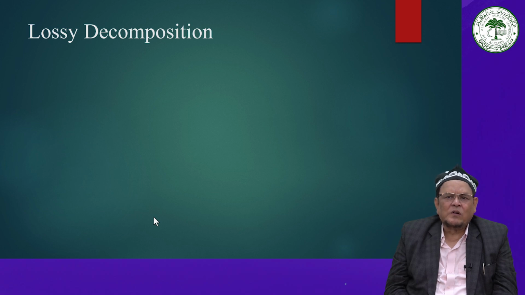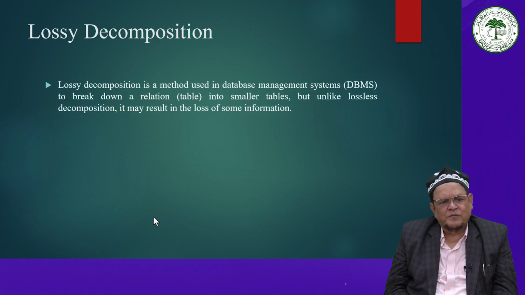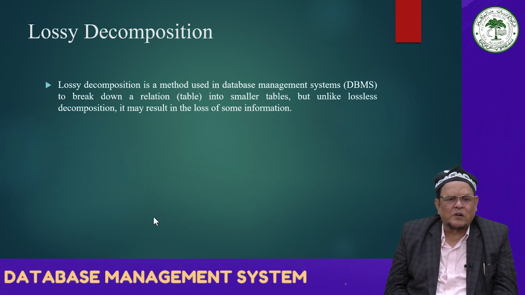These are about lossless. The next topic is lossy decomposition. Lossy decomposition is a method used in database management systems to break down a relation into smaller tables, but unlike lossless decomposition, it may result in the loss of some information.